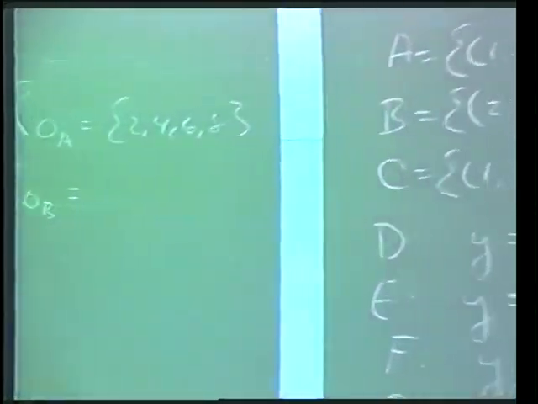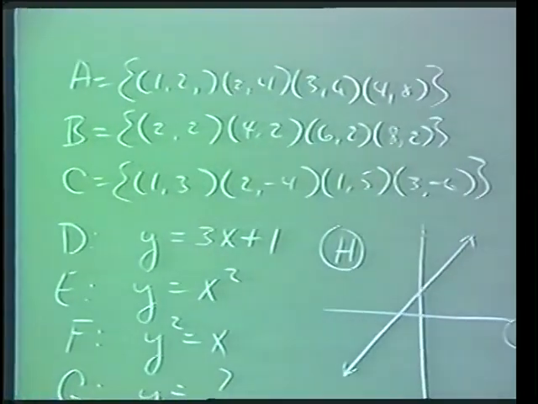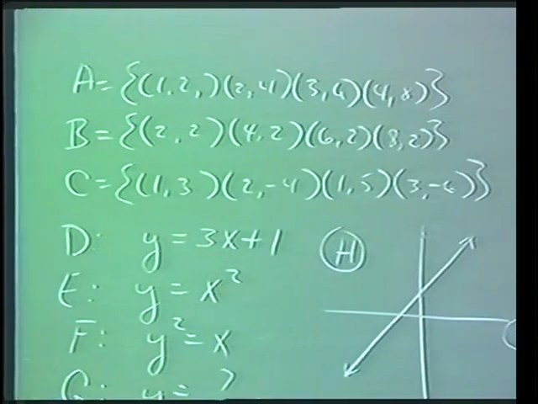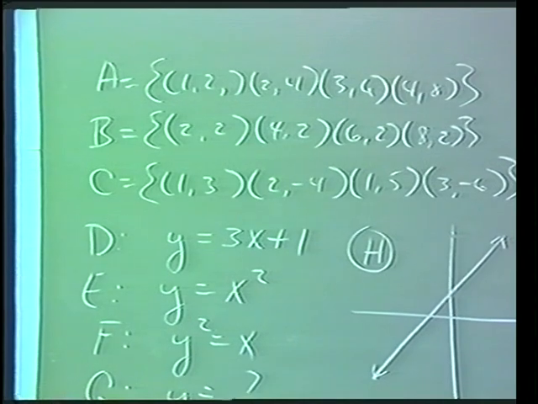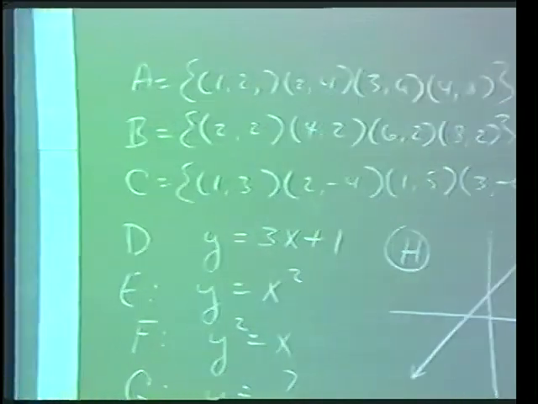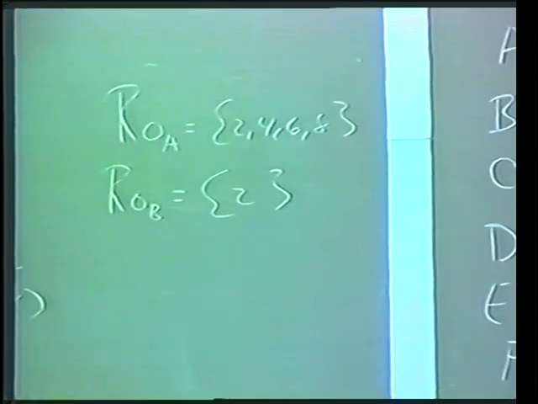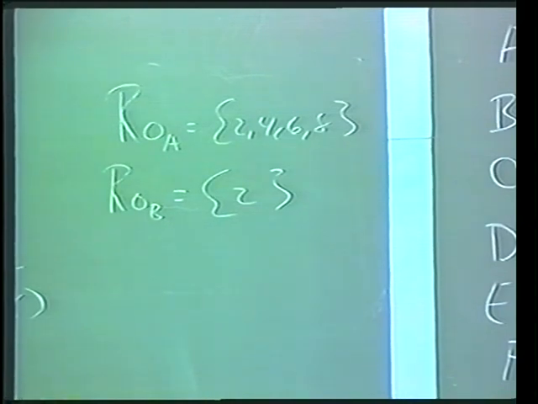The range of set B would be what, Wong? 2. Just 2. Right. That's the only thing we use for y. No matter what x was, y came out to be 2.